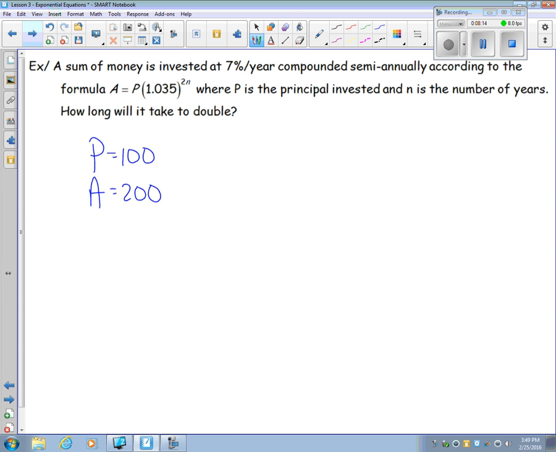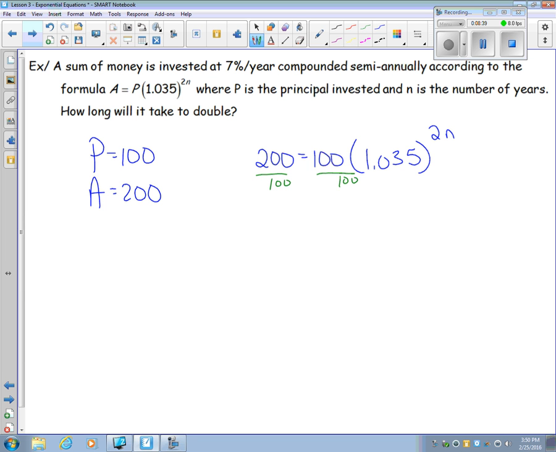Now you don't have to choose those numbers. You can choose any numbers you want, as long as your amount is double your principal. So we put those in the right spot in our equation. A is 200. P is 100. 1.035 to the power of 2n. Well, this looks like the last question we did. I want to have a single base on each side. I'm going to divide out that 100.